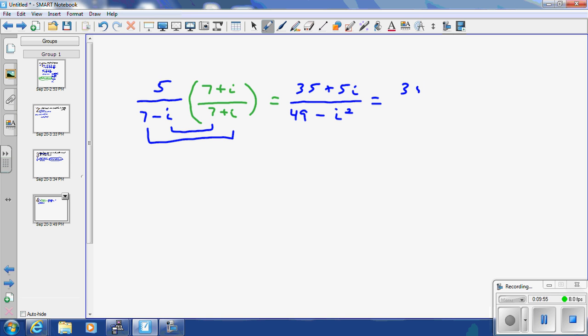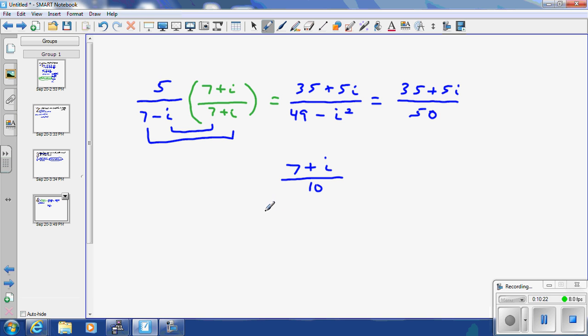Well, this becomes 35 plus 5i divided by, don't forget, i squared is negative 1, so 49 minus negative 1 is 50. Now, every one of these three numbers is divisible by 5, so we'll simplify it that way. Take every one of them, divide by 5. That's 7 plus 1i divided by 10.